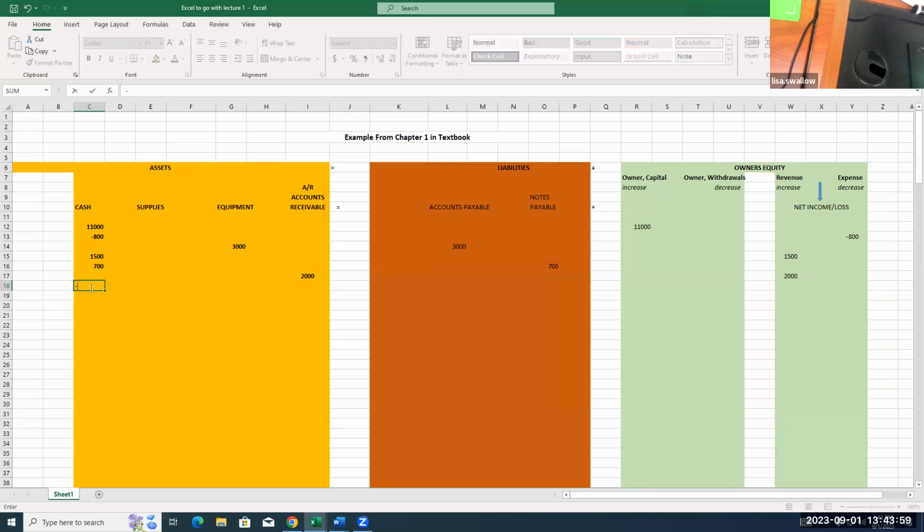Everyone get that? Were supplies, equipment, or AR impacted? Yeah, my supplies went up by $100. That's an asset.